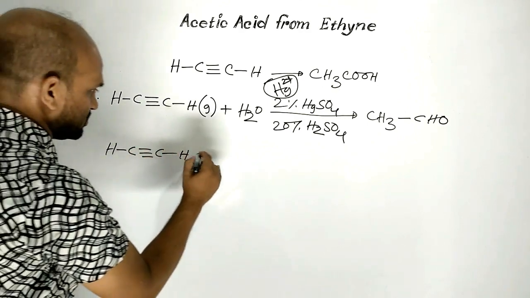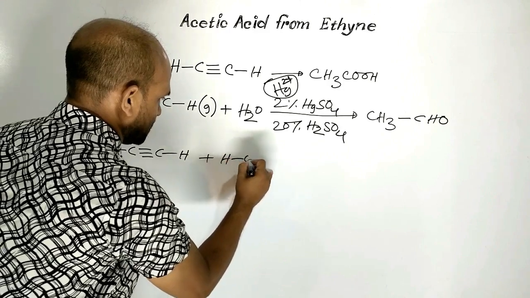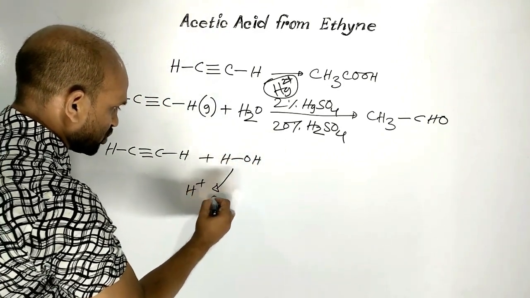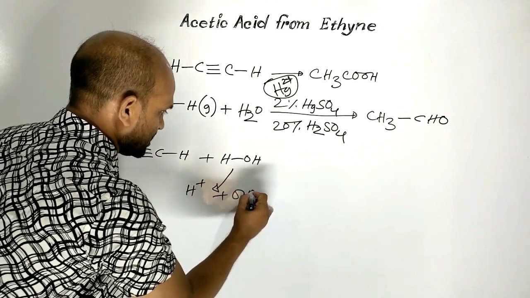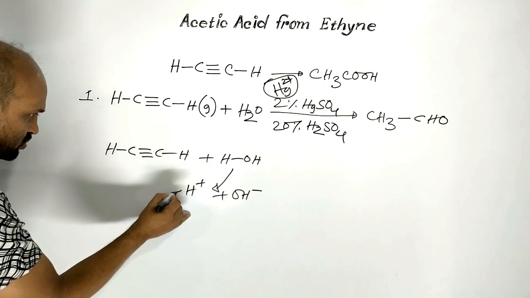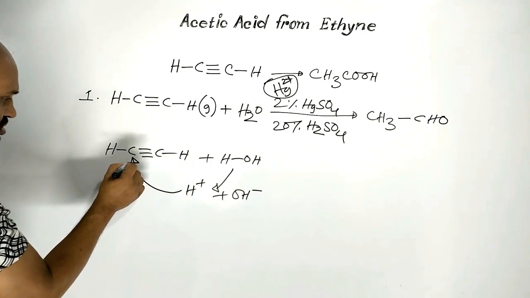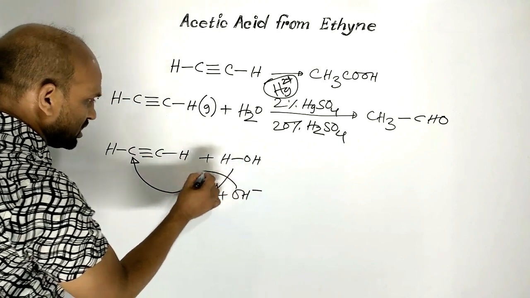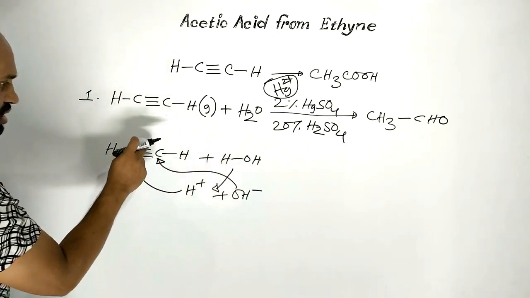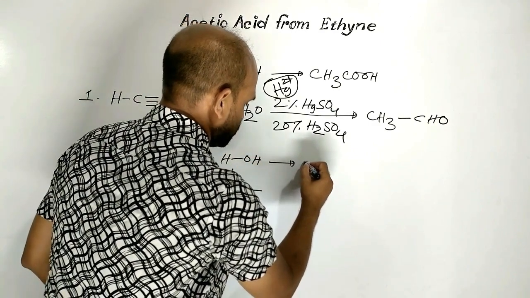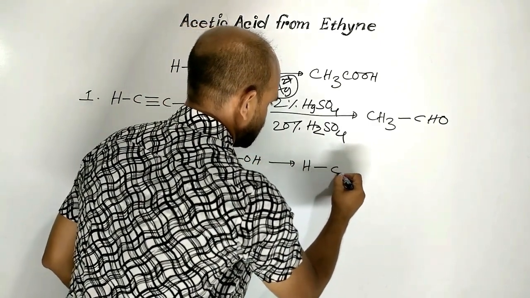Simple mechanism, that is water, from which we can write proton and hydroxide ion. Simply we can see proton combines with this triple bonded carbon and hydroxide ion combines with another triple bonded carbon. As a result, we can write this one.